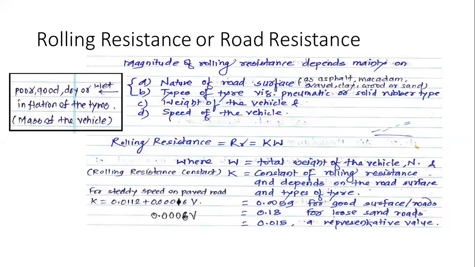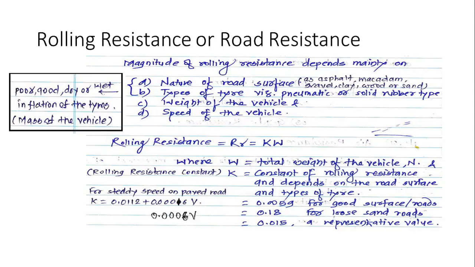So air resistance we have discussed, then the rolling resistance or the road resistance, which is nothing but the magnitude which is there as a result of nature of road surface, type of tire, weight of the vehicle, and speed of the vehicle.